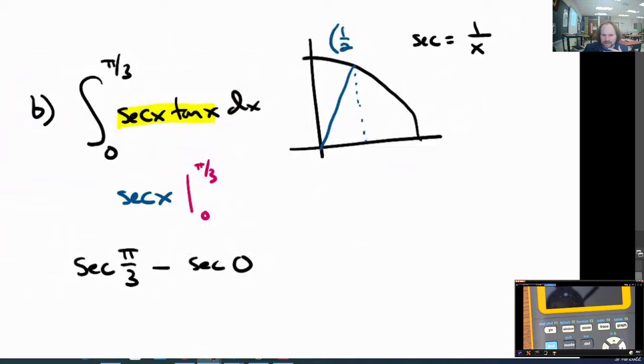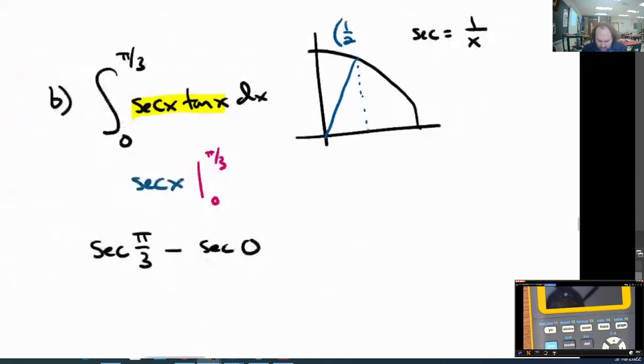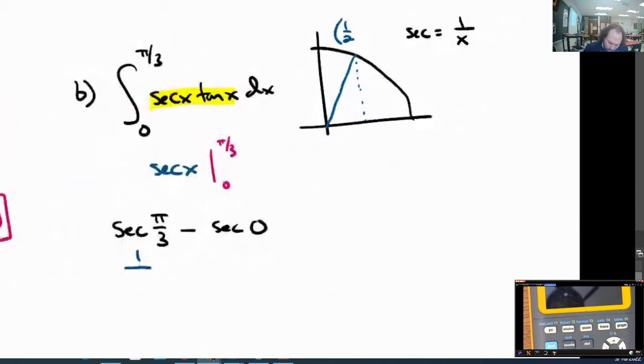So the secant of pi over 3 is just going to be 1 over 1/2, which we could write as 2 in just a moment. And the secant of 0 is going to be 1 because this is the point 1, 0 right there.